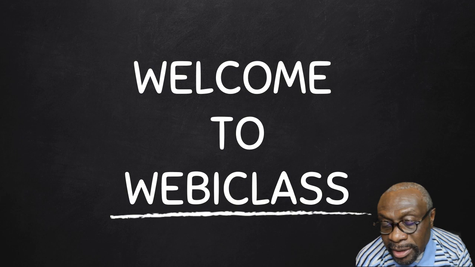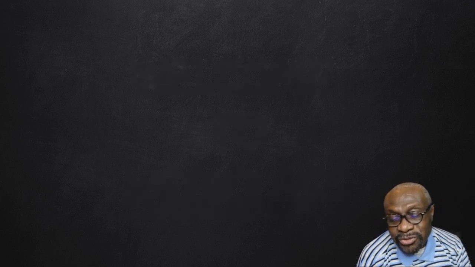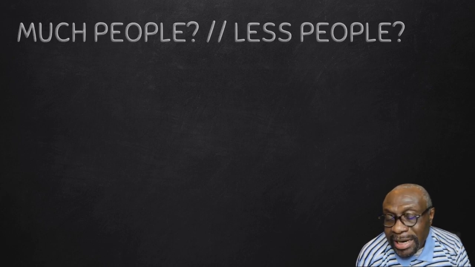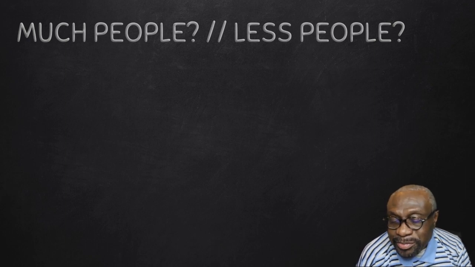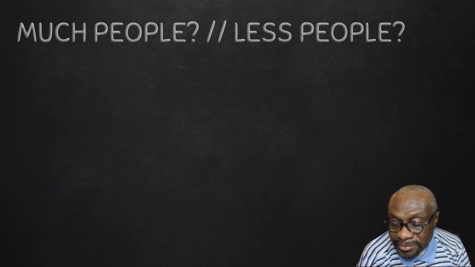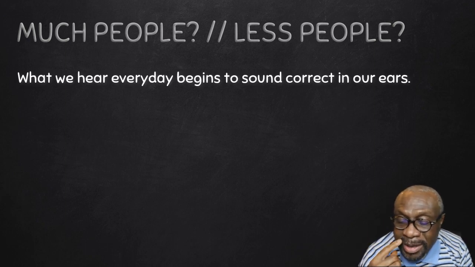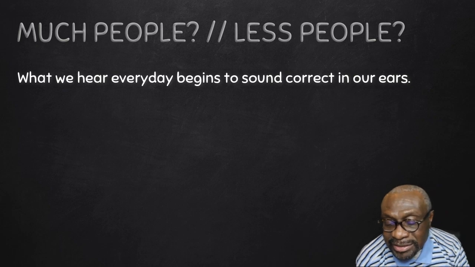Today, we're looking at another trap which we fall into as we walk along the streets. Much people, less people, much people, less people. We hear people saying these things. Now, in the last lesson, I reminded us all that what we hear people say sticks into our mind and it starts sounding as if it was correct.